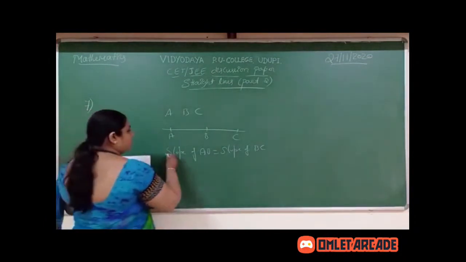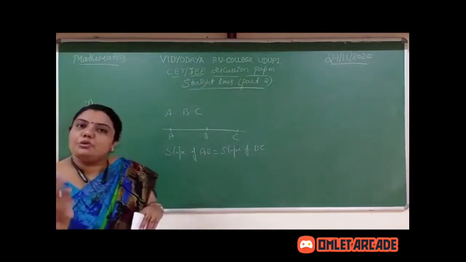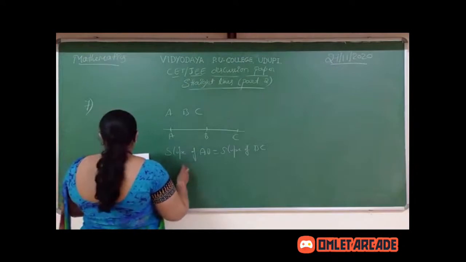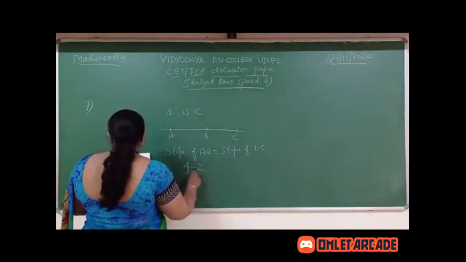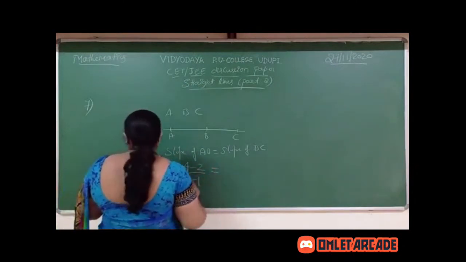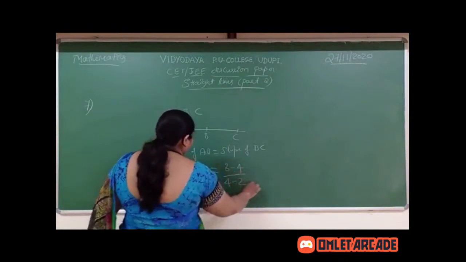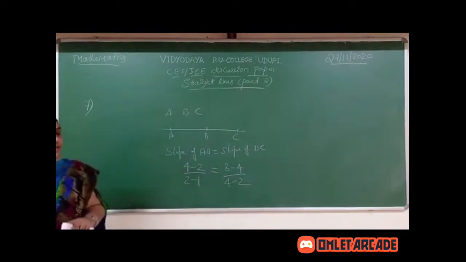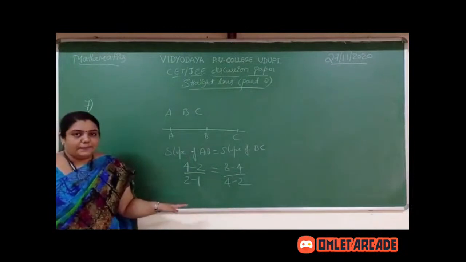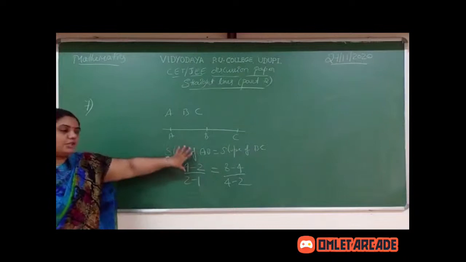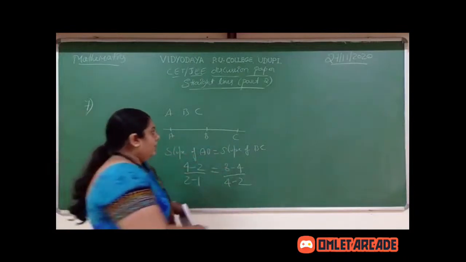Slope of AB. See the points? You know how to find the slope of a line when 2 points are given, isn't it? So can I consider slope of AB as 4 minus 2 divided by 2 minus 1, and for BC as 8 minus 4 divided by 4 minus 2? I am not writing the formula because now you are very familiar with it, y2 minus y1 divided by x2 minus x1. I am finding slope of AB and slope of BC.